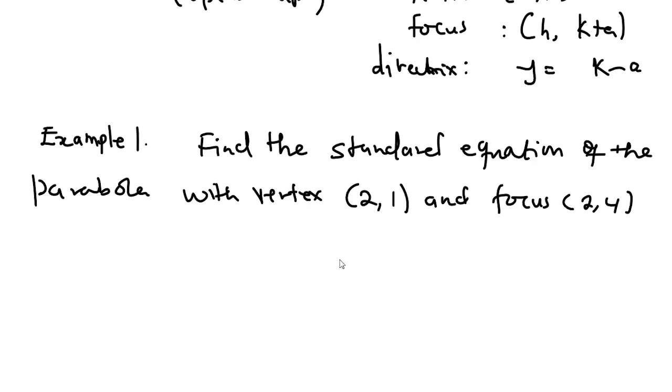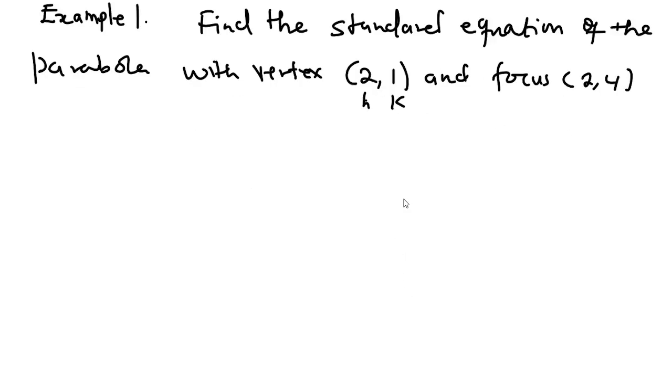Okay, so in this case you see that our vertex is actually what? 2, 1. So it has moved from the origin. Then we have this focus here. So it means that this is going to be our H and this is going to be our K. Now, to be able to identify this, let's try to sketch this first. Okay, so how is it going to be?